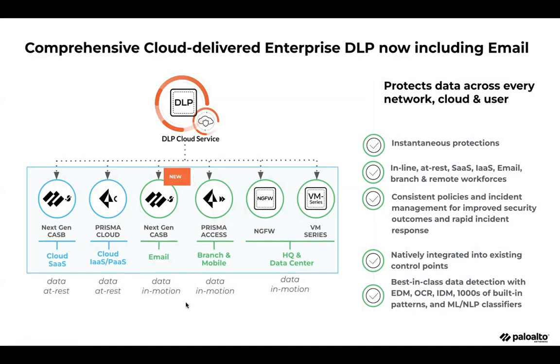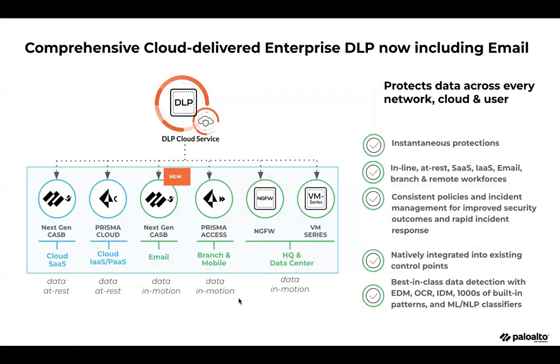We just recently introduced email DLP, which does an MTA-based approach to emails. So if there's sensitive information being sent on emails, you can prevent it from going out even before the fact. And then we have our Prisma Access and the traditional firewall offerings, in all of which we support data in motion controls via DLP as well.